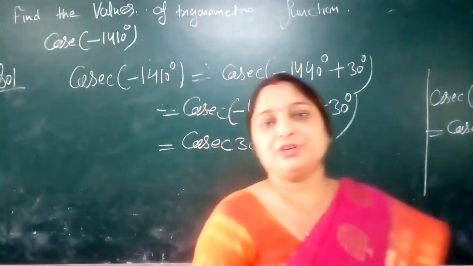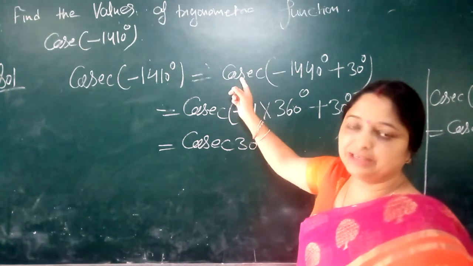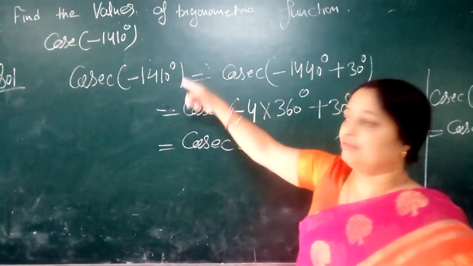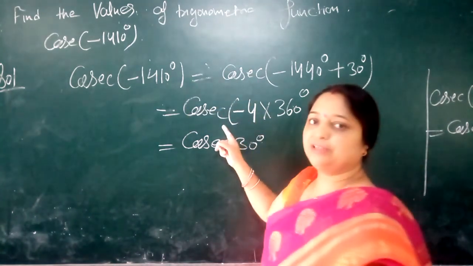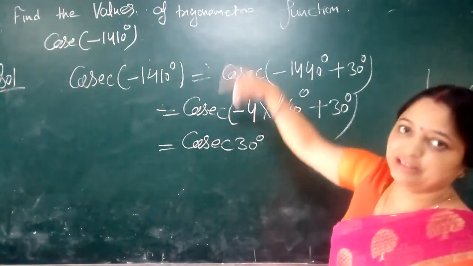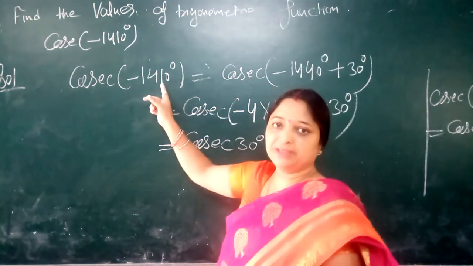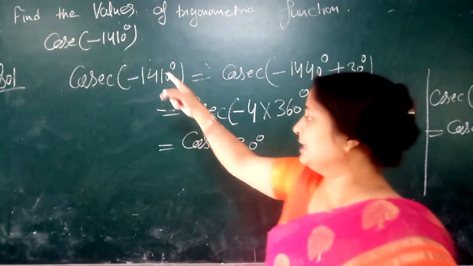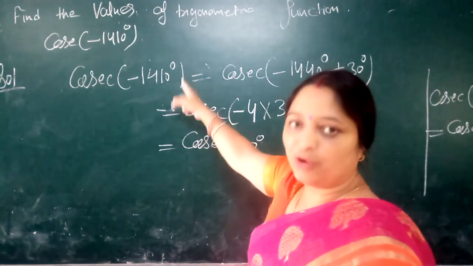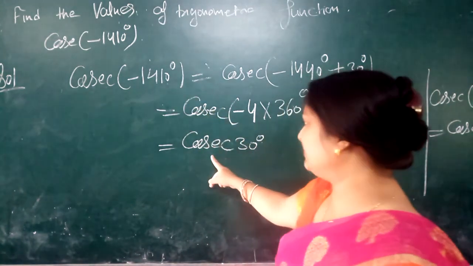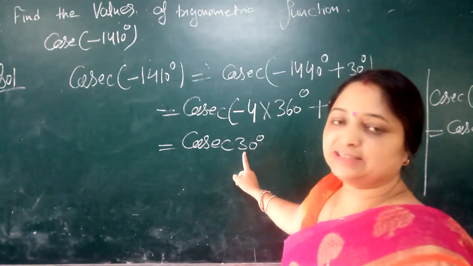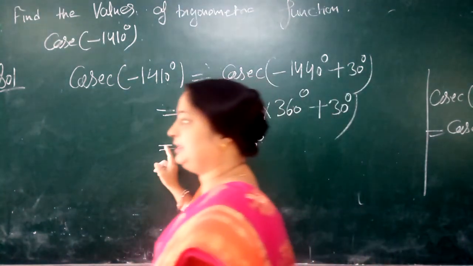You know that the first quadrant is 0 to 90, then 90 to 180, 180 to 270, 270 to 360. Again you will take the round, so it will come in the third quadrant. You know that the value of cosec is positive in the third quadrant. That's why it is coming here positive cosec 30 degree.